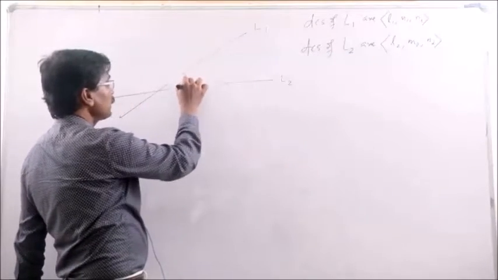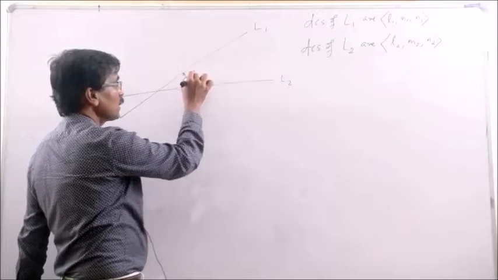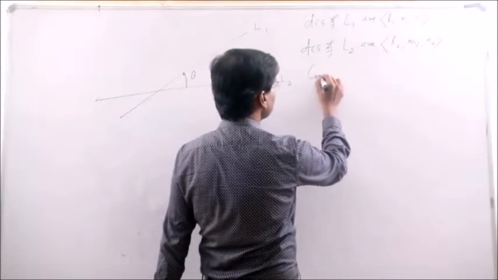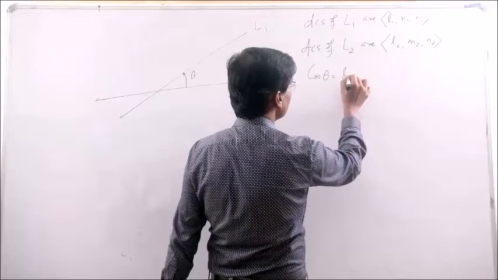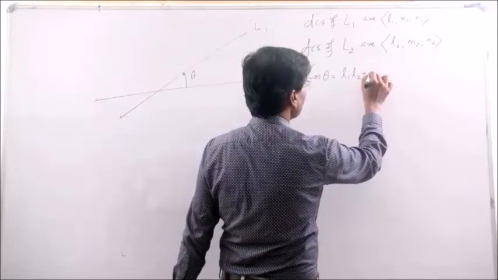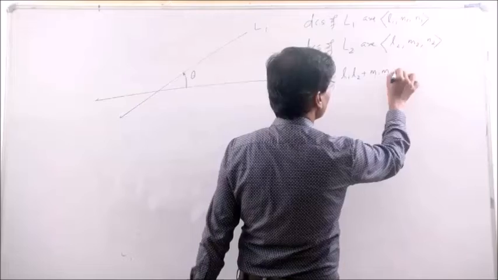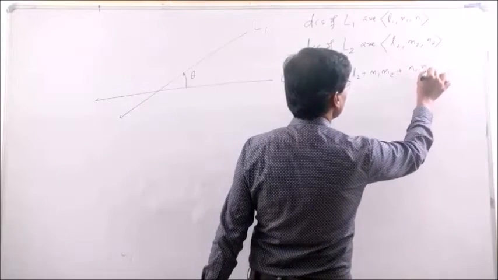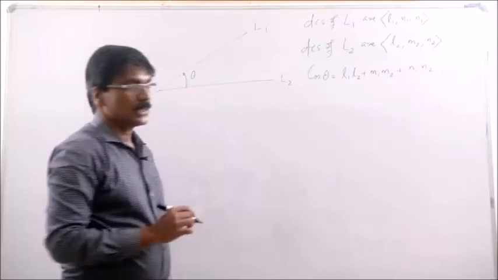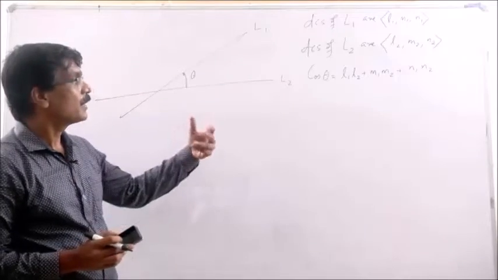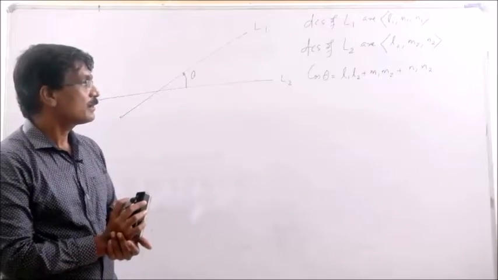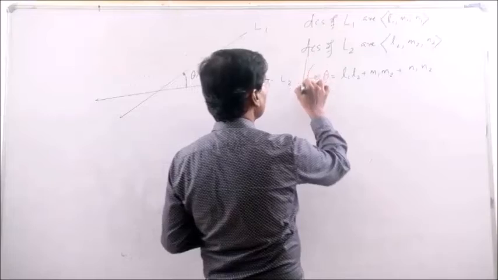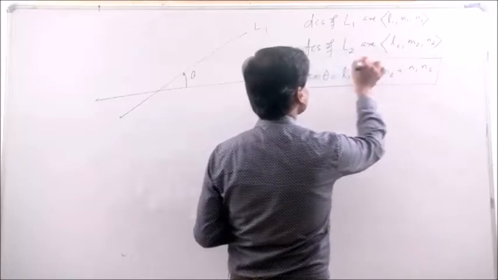If theta is the angle between L1 and L2, then cos theta is equal to l1 l2 plus m1 m2 plus n1 n2. We can easily prove this by using the projection law. So, this is angle between two lines, cos theta.